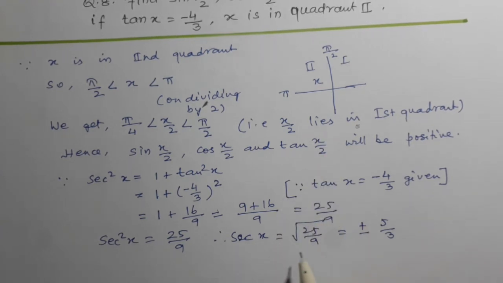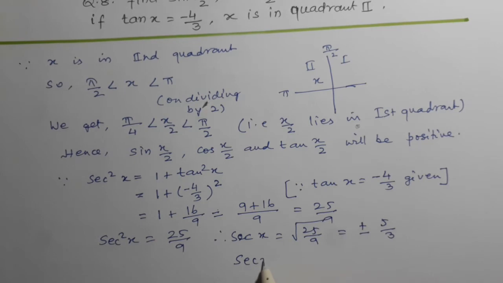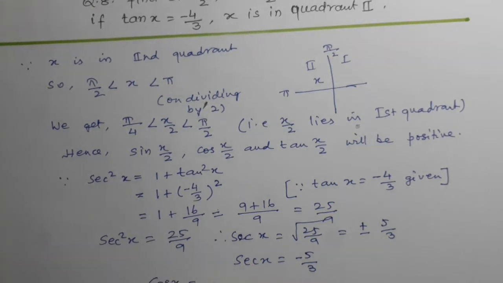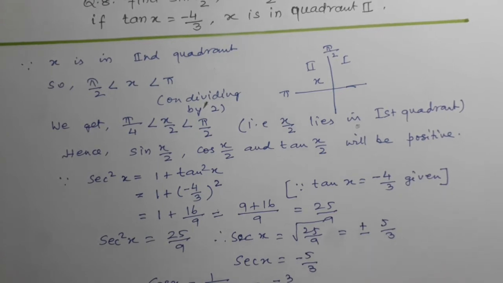Sec in second quadrant will be negative, so sec x will be minus 5 by 3, right? And we know that cos x is equal to 1 by sec x. Opposite of sec is cos, so it is reciprocal, means minus 3 by 5 will be cos x, right?